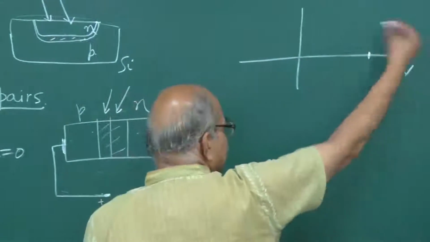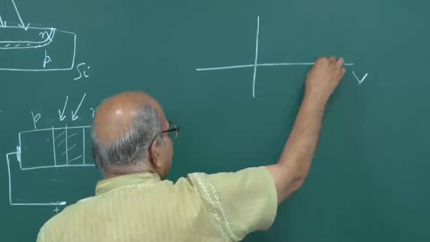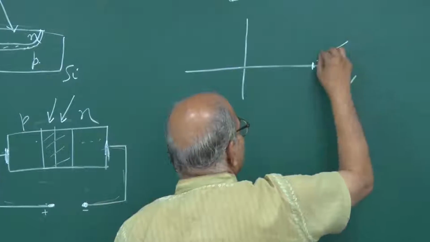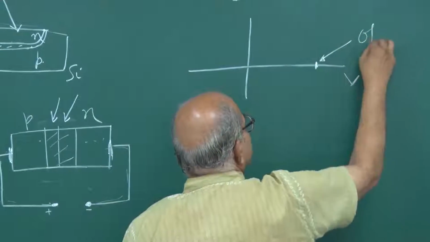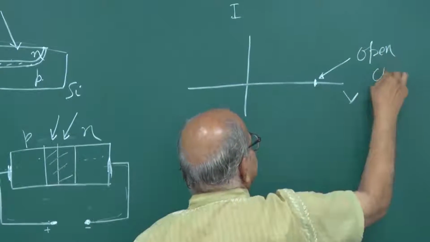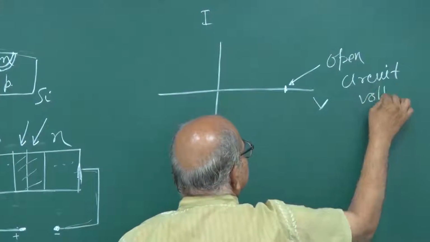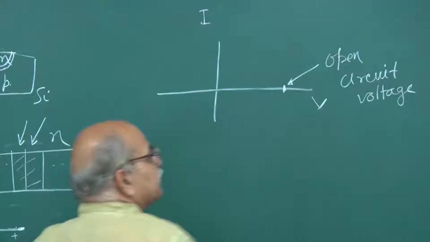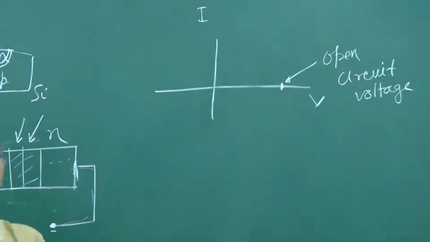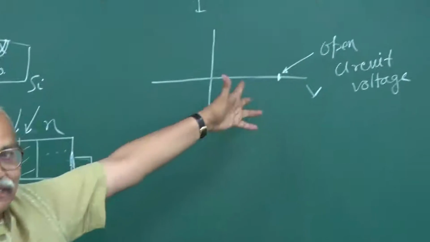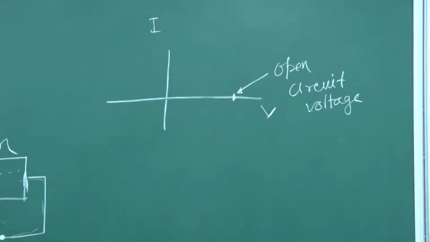So, this voltage is known as the open circuit voltage. If you take a solar panel and see the specifications, you may find this open circuit voltage.